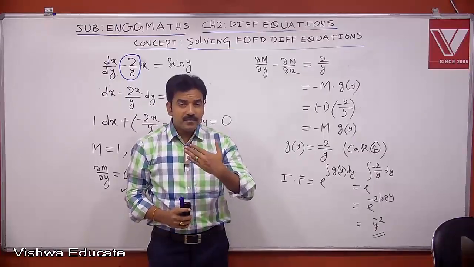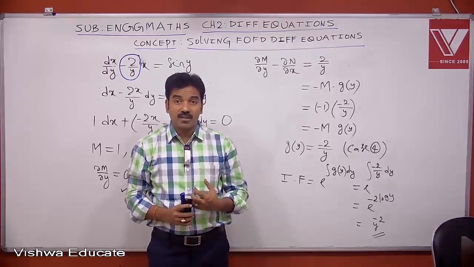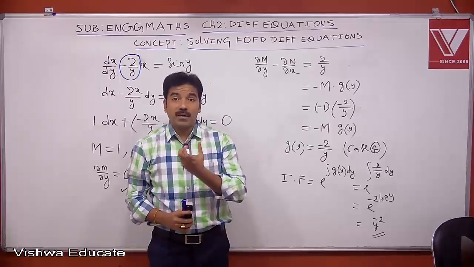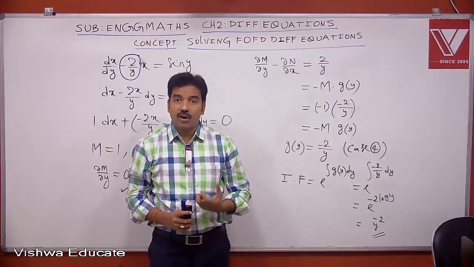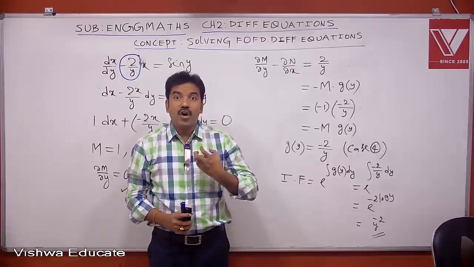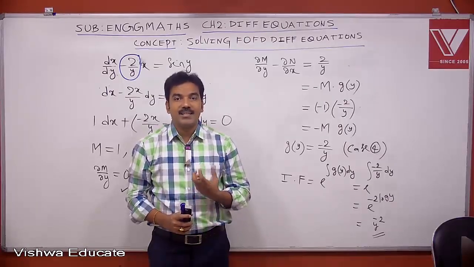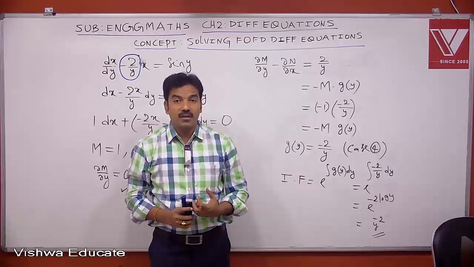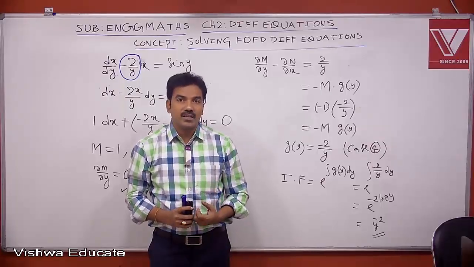So when you are practicing questions or facing competitive examinations, GATE or IES, if they ask you the integrating factor of a particular equation and options are given, and every option is in terms of x, definitely it belongs to case 3. Then you try to find the difference dou m by dou y and dou n by dou x. If every option is in terms of y, definitely it belongs to case 4.